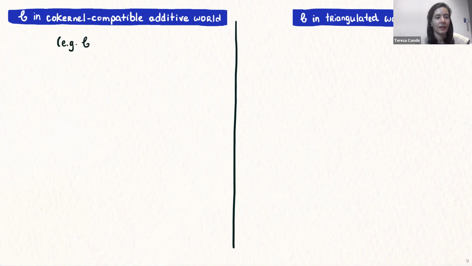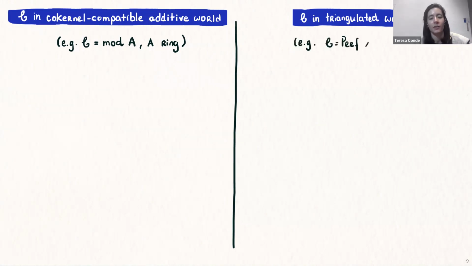So in this kernel compatible additive world, we can think of our category C as being, let's say, the category of finitely presented modules over some ring A, whereas in the triangulated world, we can think of C as any skeletally small triangulated category, for instance, the category of perfect complexes over some ring or over a DG algebra.